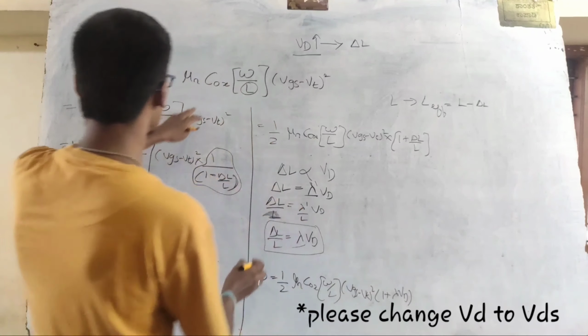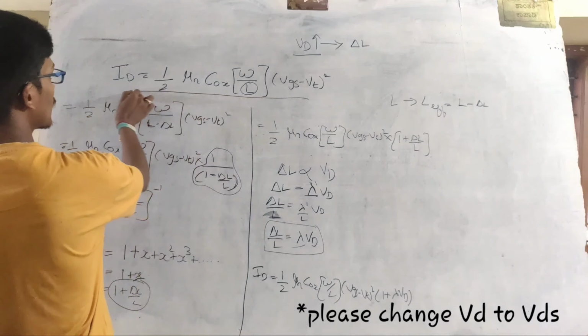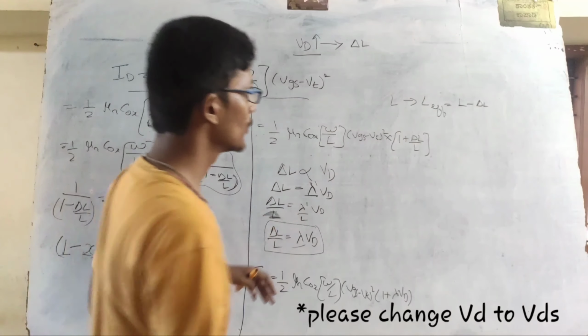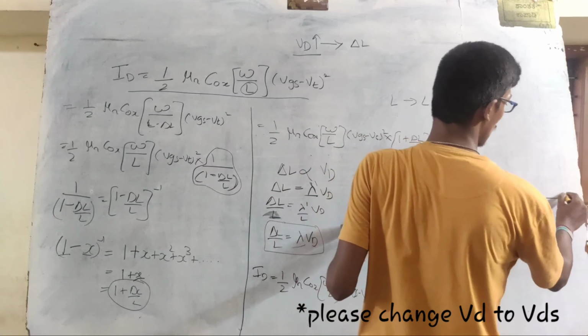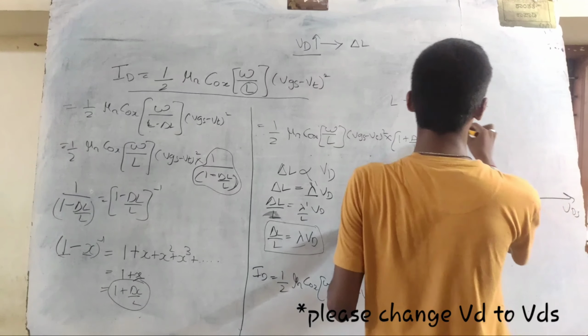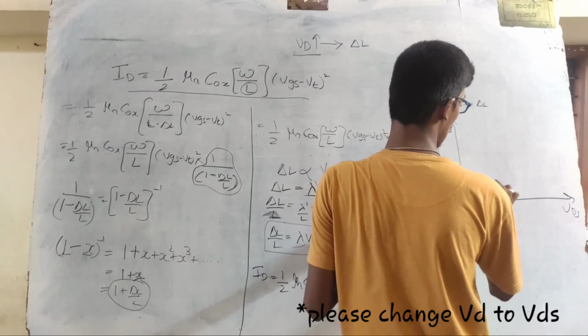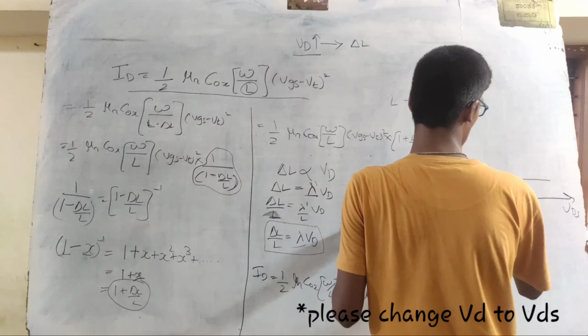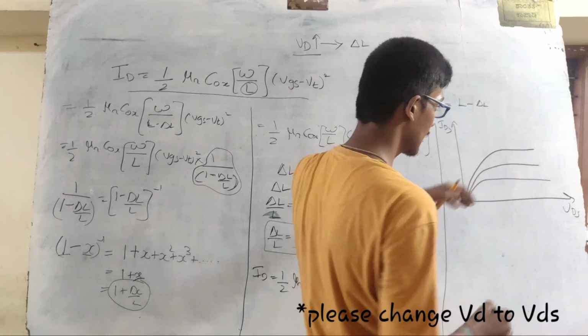Fine. Without considering channel length modulation, we had this equation. For this equation, we would get a graph like this for VDS and IDS. I'm not taking any points, I'm just showing the graph will be like this.